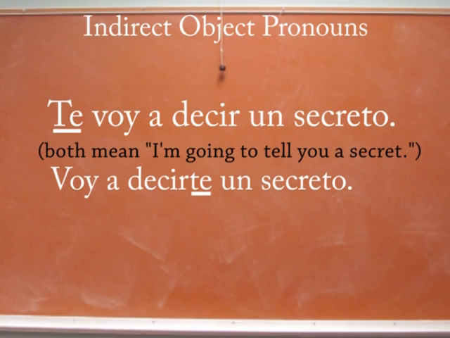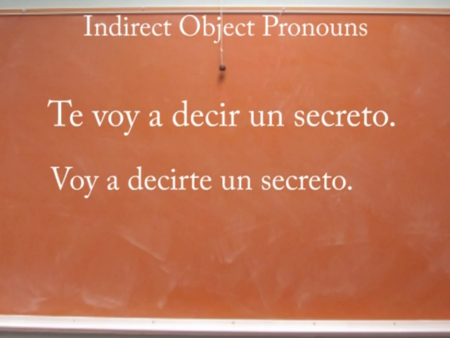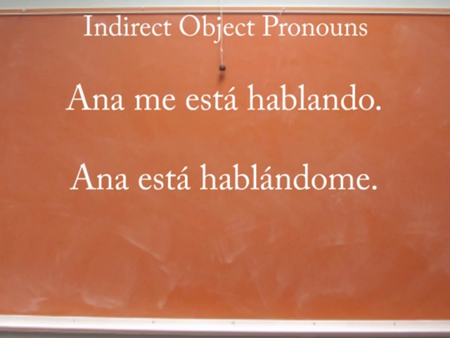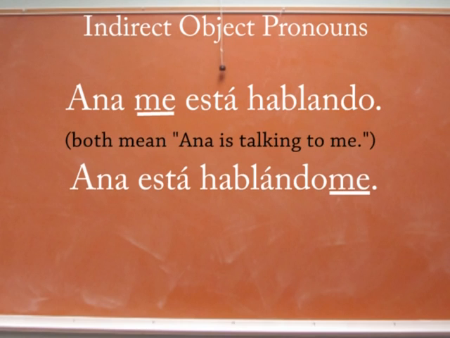Both ways work for the present participle or ing form: Ana me está hablando or Ana está hablándome. Notice we had to write the accent mark when we attached it to the present participle.